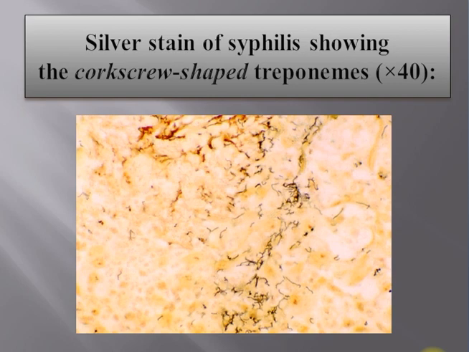The serological laboratory tests that are used diagnostically are referred to as serological tests for syphilis. These tests fall into two categories: non-treponemal tests for screening and treponemal tests for confirmation.